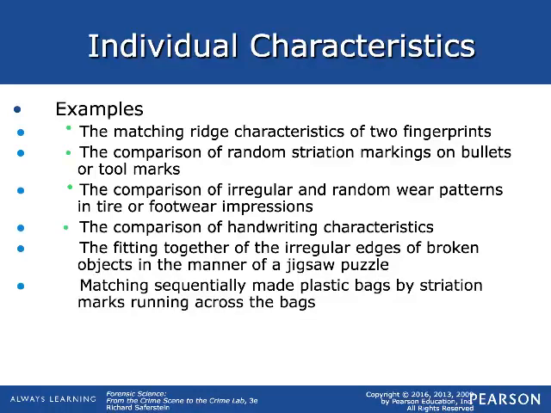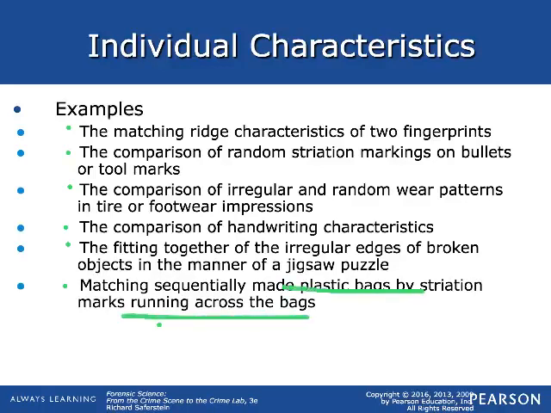Comparison of handwriting characteristics. If you have a weapon that's broken off, the fitting together of the irregular edges, it's going to be really, really rare that two things break off exactly the same way. And then matching sequentially made plastic bags by striation marks running across the bag.